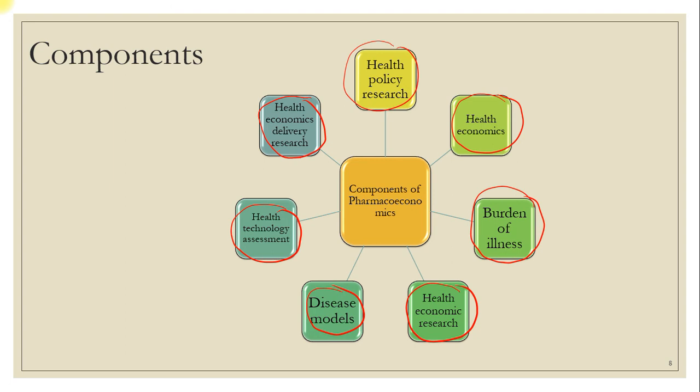The next component is health technology assessment. Every now and then newer health technology is coming in. Earlier we only had x-rays, but now we have CT scan, PET scan, echo, MRI and so on.